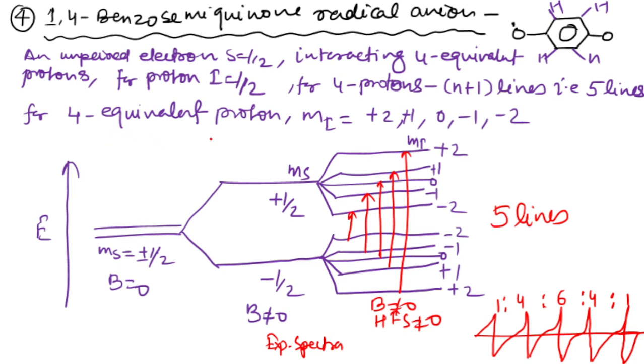So with 4 equivalent protons the mI values will be plus 2, plus 1, 0, minus 1 and minus 2. These represent the split energy levels, and this gives 5 transitions.